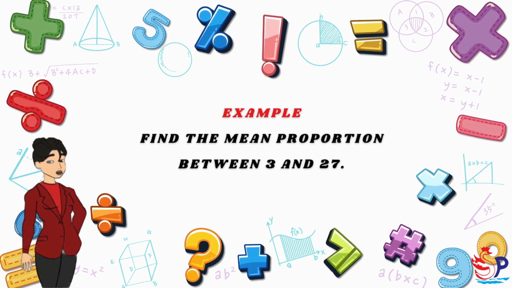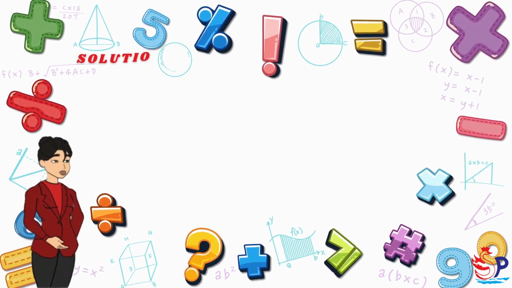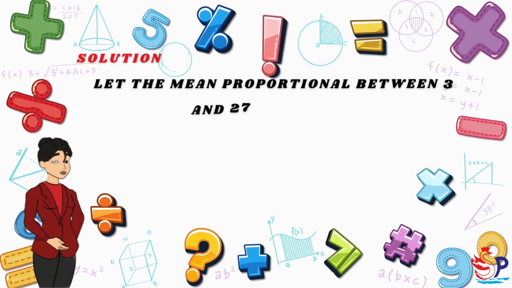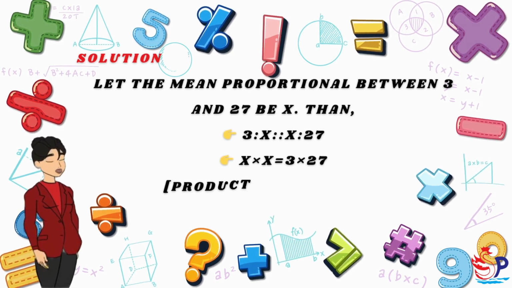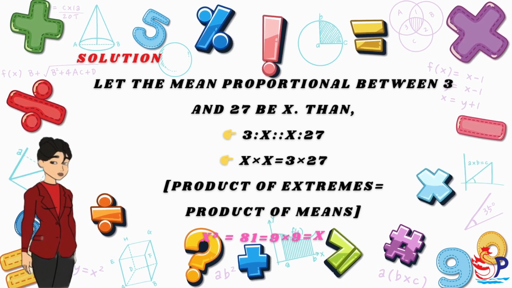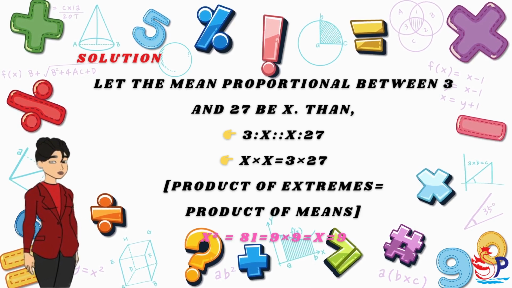Next example. Find the mean proportion between 3 and 27. Solution: let the mean proportional between 3 and 27 be x. Then 3 ratio x is to x ratio 27. x multiplied by x is equal to 3 multiplied by 27.